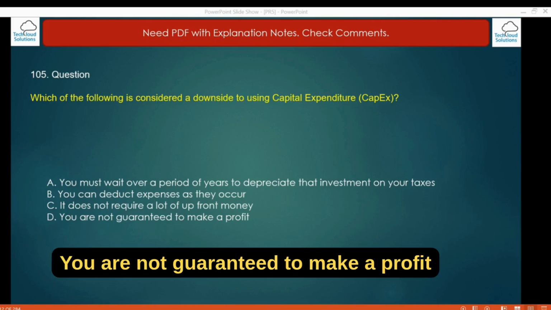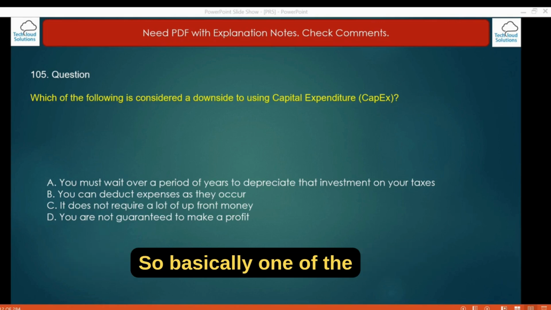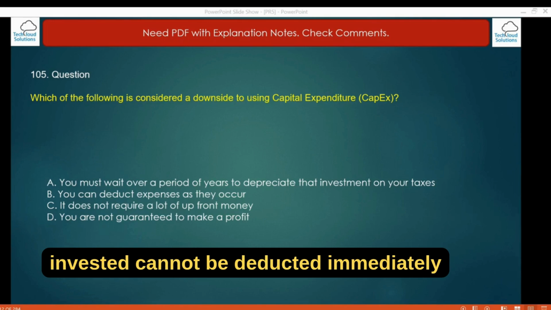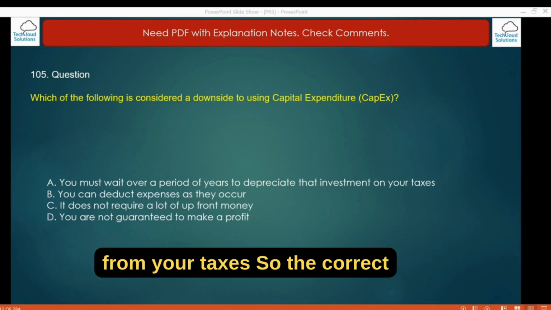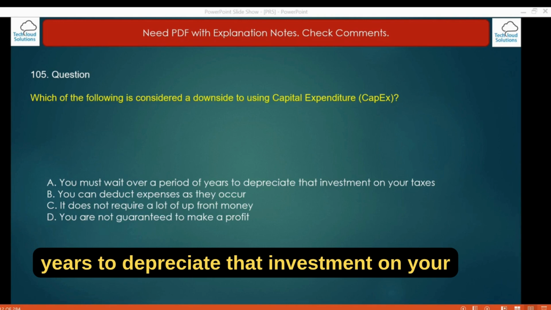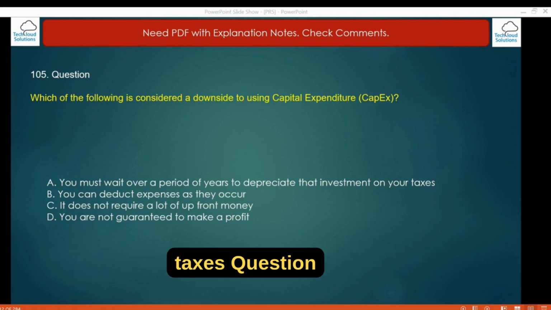D. You are not guaranteed to make a profit. So basically, one of the downsides of capex is that the money invested cannot be deducted immediately from your taxes. So the correct answer is A. You must wait over a period of years to depreciate that investment on your taxes.